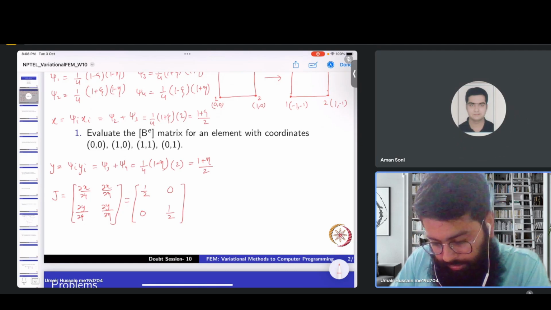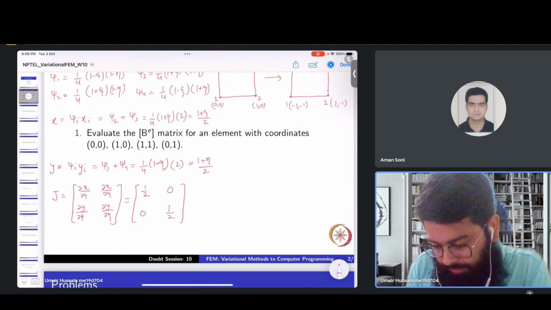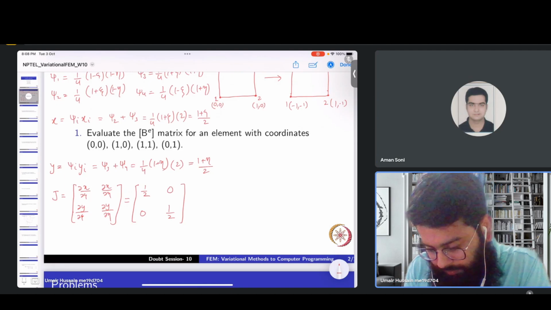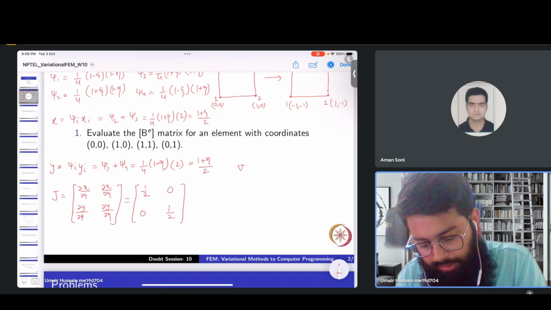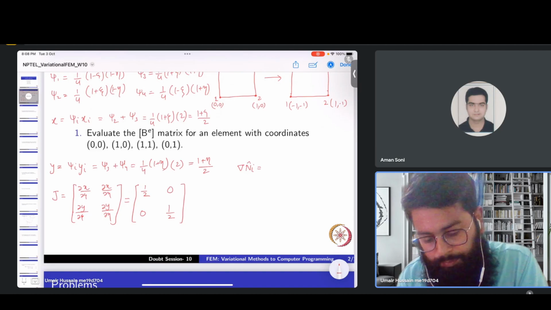So to find the BE matrix, what do we need first is the gradient of Ni in terms of xi, eta.